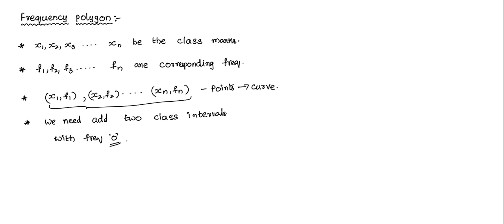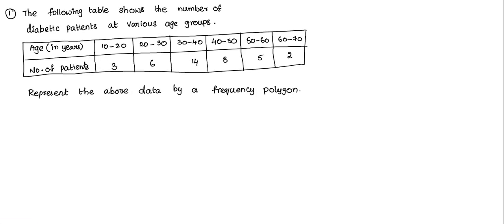Observe the following table, which shows the number of diabetic patients at various age groups. Age in years is given in interval form: 10 to 20, 20 to 30, 30 to 40, 40 to 50, 50 to 60, 60 to 70.